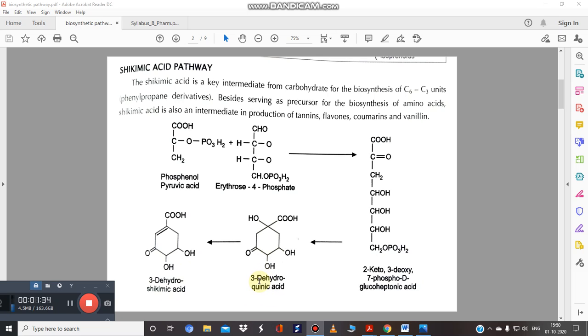From 3-dehydroquinic acid, via dehydration, 3-dehydroshikimic acid is produced. Look at this structure, this is 3-dehydroshikimic acid.